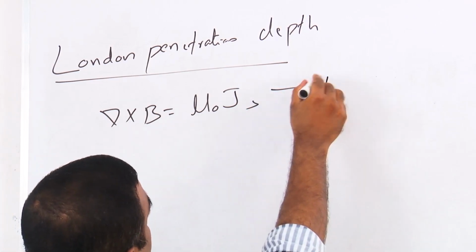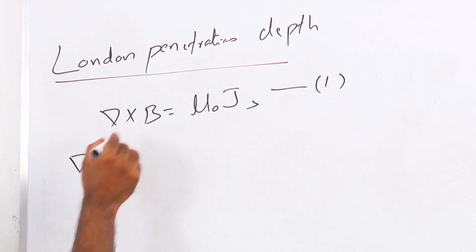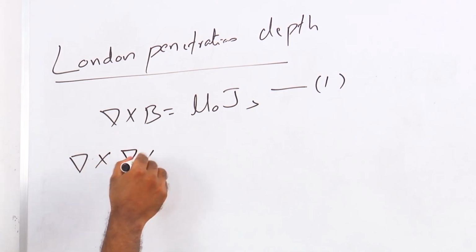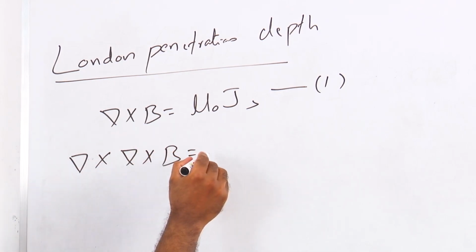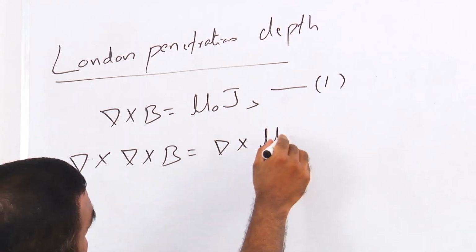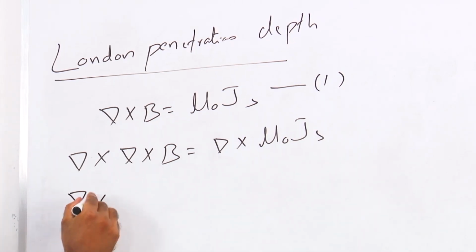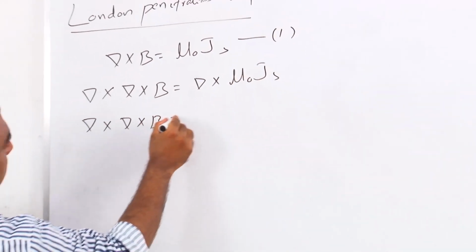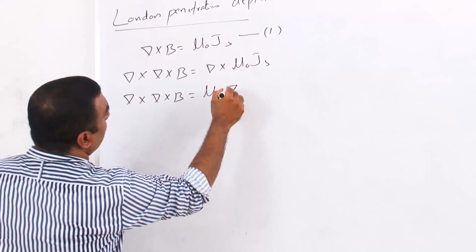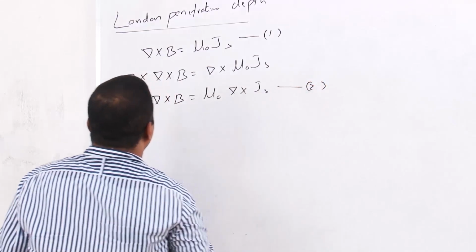Let that be relation number 1. Taking the curl of this equation, del cross del cross B is equal to del cross mu 0 Js, or del cross del cross B is equal to mu 0 into del cross Js. Let that be relation number 2.